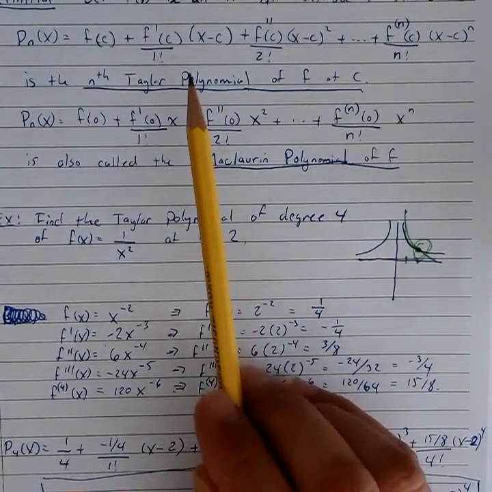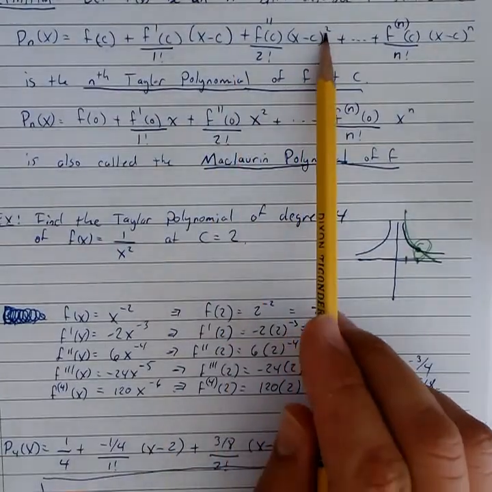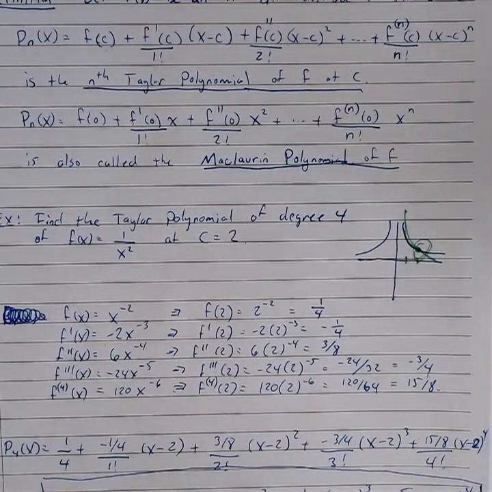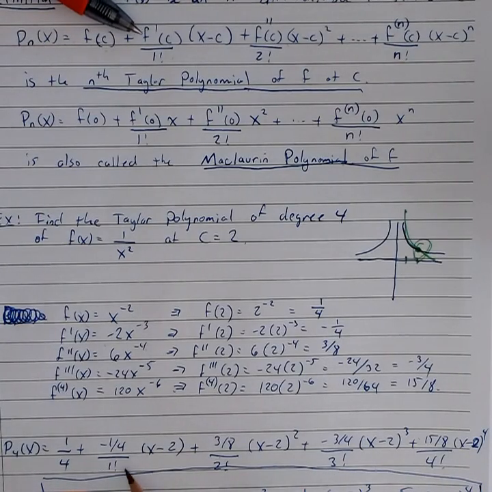But of course, I still need to multiply by x minus c to the second, x minus c to the third, and so forth. So that coefficient is on its own. All right. This one is my negative 1/4 over 1 factorial times x minus c. Here, that one is the same as this one.